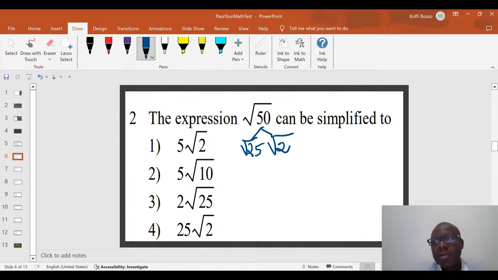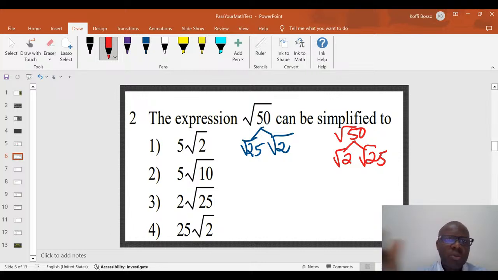Okay, a question just came to my mind. Suppose someone puts the 2 before the 25. Yes, it's also fine. Now let's see what's going to happen. So for the blue side, do you know that the square root of 25 is a regular 5? Yes. Why?